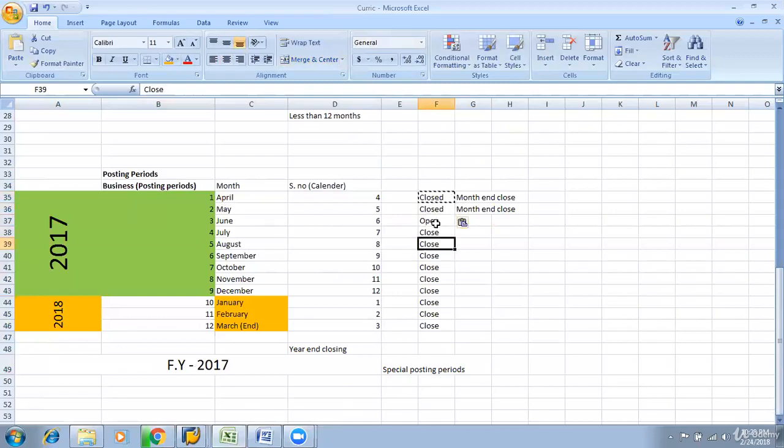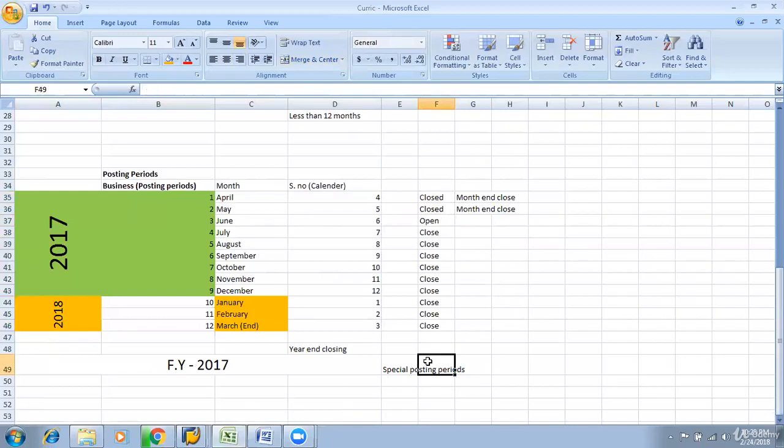Clear? Now, this is called open and close of posting periods. This is our next activity. In fact, in this video, I'll be showing you how to open and close a posting period. Trust me, guys, it's going to be very interesting. Just wait for it.